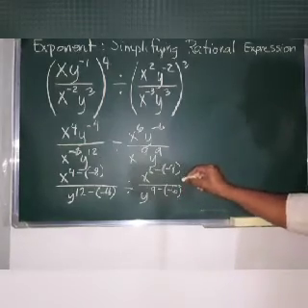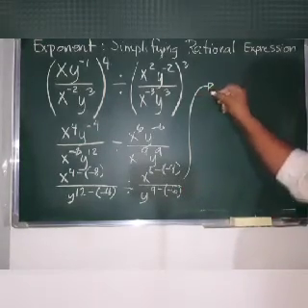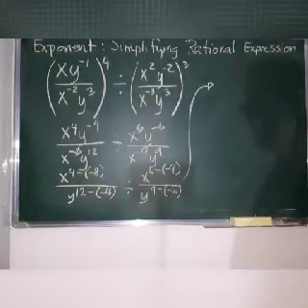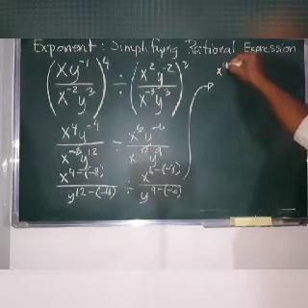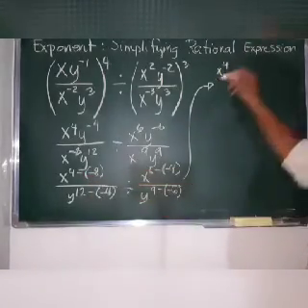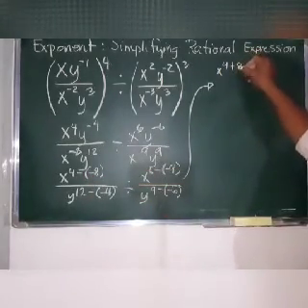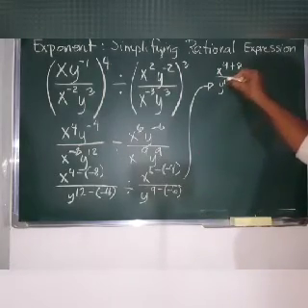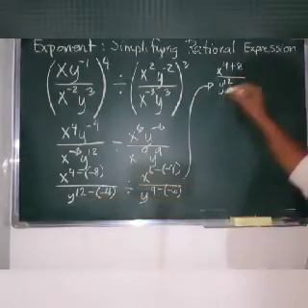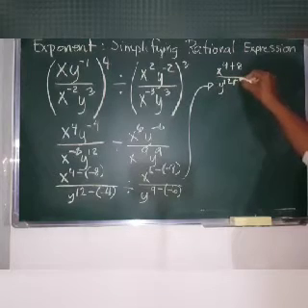Next, lowest term na natin siya. Yung una muna. So, meron tayo dito, x, 4. So, negative times negative is positive, 8. All over, y, 12. Negative times negative is positive, 4.